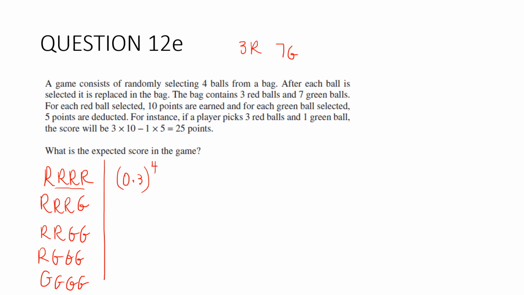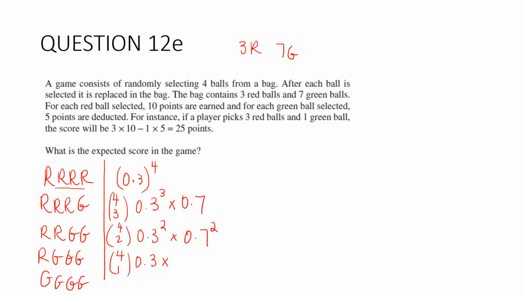Now with 3 reds and 1 green, there are 4C3 ways to choose the order of the 3 reds when they appear, times 0.3 cubed times 0.7. 2 reds and 2 greens: 4C2, 0.3 squared times 0.7 squared. 1 red, which is 0.3, and 3 greens. And then finally, only one way to order the 4 greens, which would be 0.7 to the power of 4.